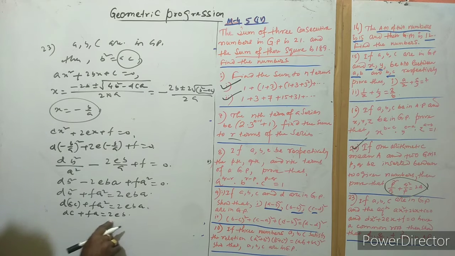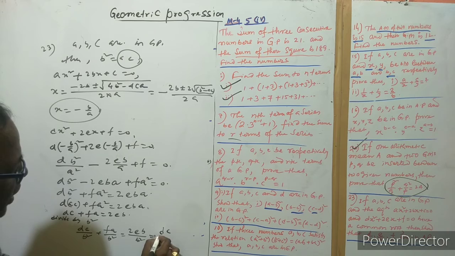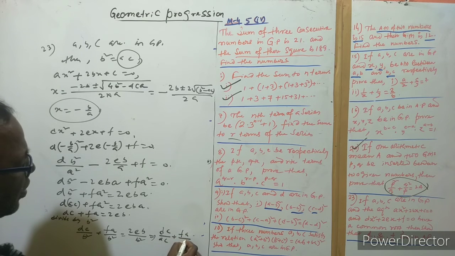Now we want to get e by b, so divide by b square on both sides. So dc by b square plus fa by b square equals twice eb by b square. Here dc by b square means d by a, since b square is ac, and fa by b square means f by c.